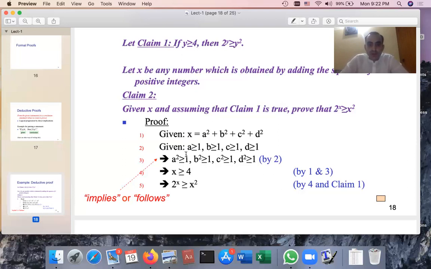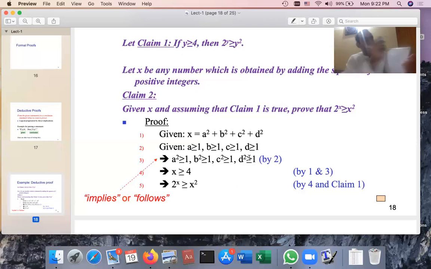So if these are the square values, then you can sum up these values. We have one value for each positive integer, and after adding them up we get 1 plus 1 plus 1 plus 1.